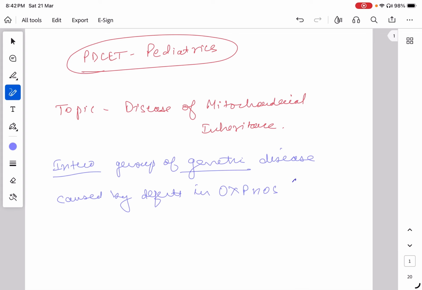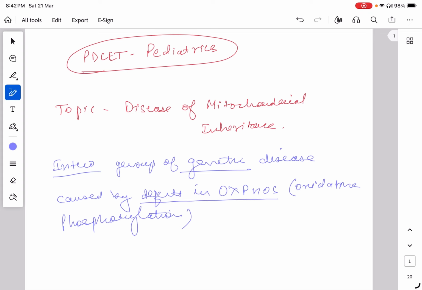OXPHOS means oxidative phosphorylation. So there is a defect in oxidative phosphorylation.